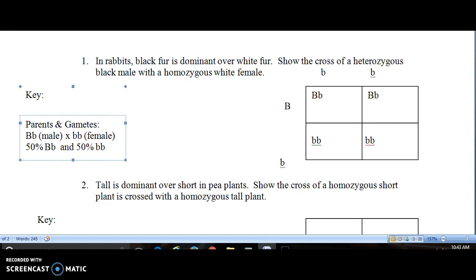Now, it doesn't always turn out the same way. It depends on the codes of the parents, but it did turn out that way for this situation. So that is one example of doing a Punnett square.